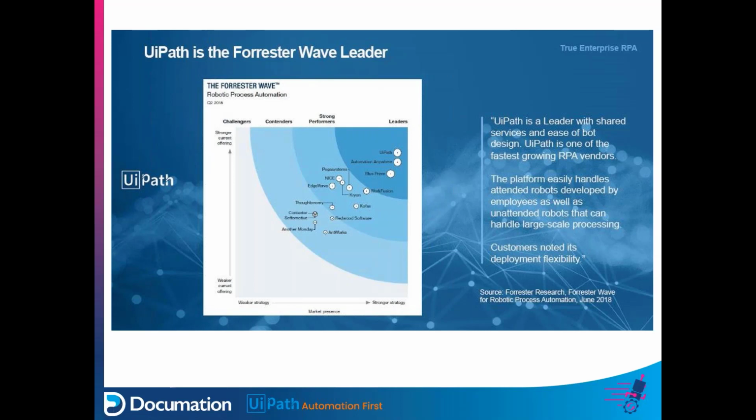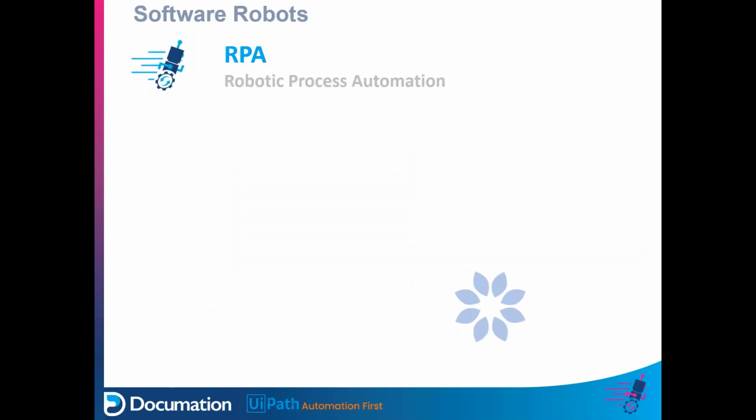Uipath's robots can work seamlessly in the background as unattended, but also they can work alongside us as humans, so that we can interact with them directly. We can teach a robot to perform a task like filling in our finance data entry screen, and if it hits an exception, it can ask us for a bit of information or a bit of guidance to help it move along.